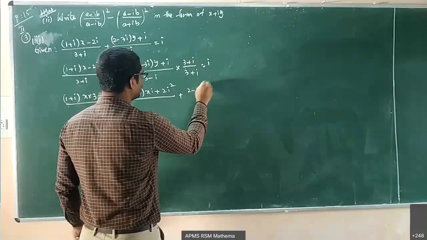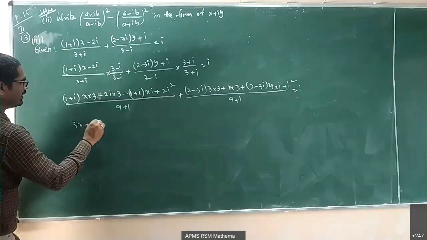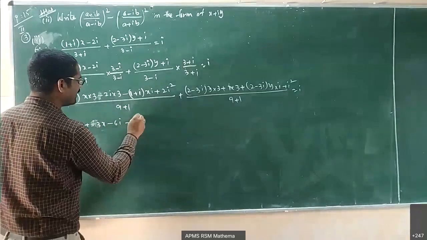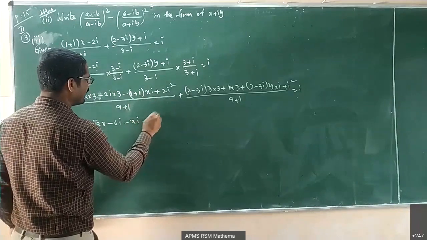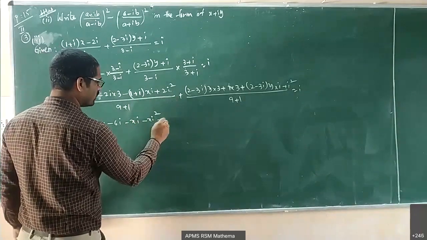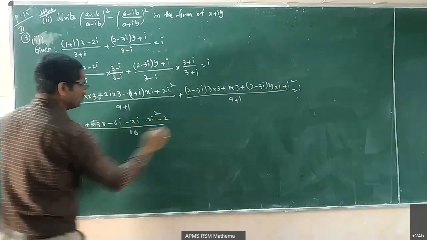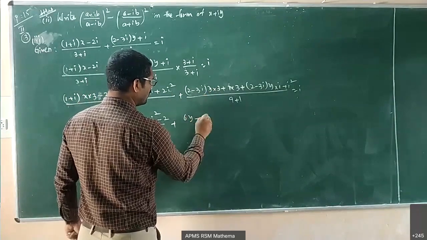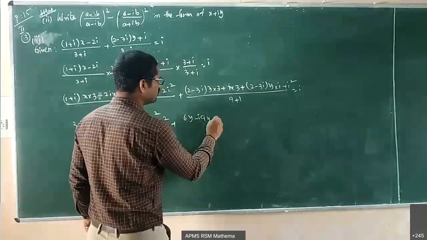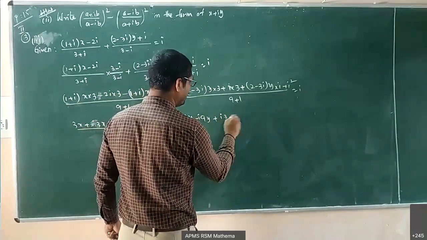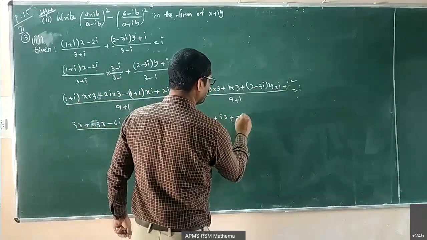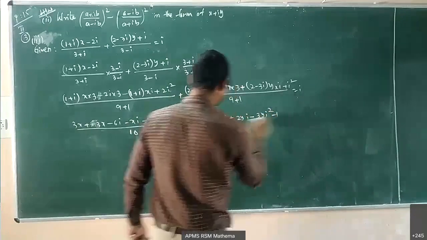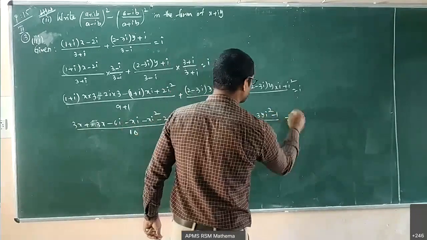Now 3x plus 3i, i 3x minus 6i minus xi minus xi square. i square is minus 1, so minus 2 divided by 10, plus 6y minus 9yi plus i3, or 3i, plus 2yi minus 3yi square minus 1 divided by 10 is equal to i.